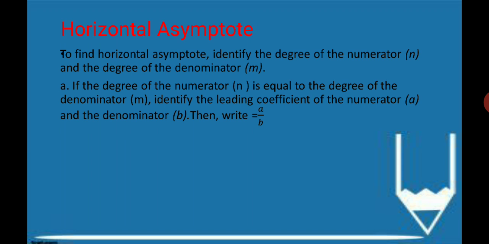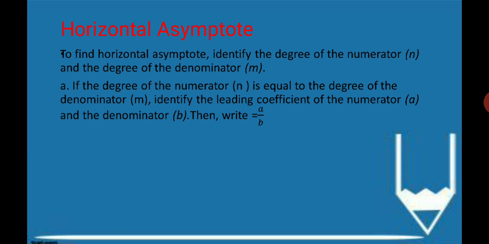We need to compare. If the degree of the numerator n is equal to the degree of the denominator m, to find the horizontal asymptote, identify the leading coefficient of the numerator and the leading coefficient of the denominator.